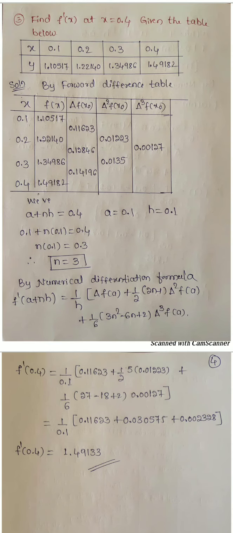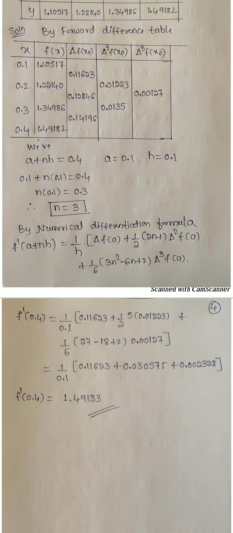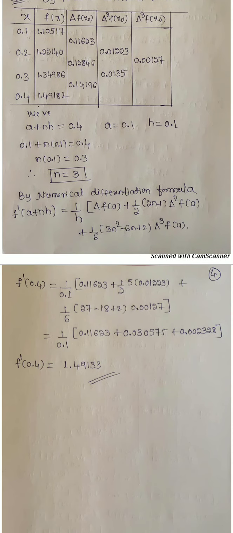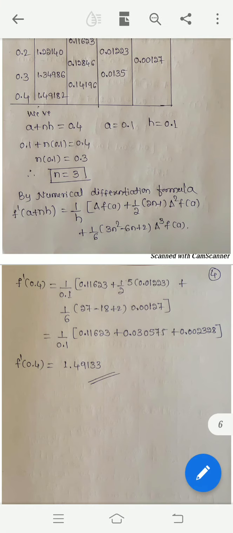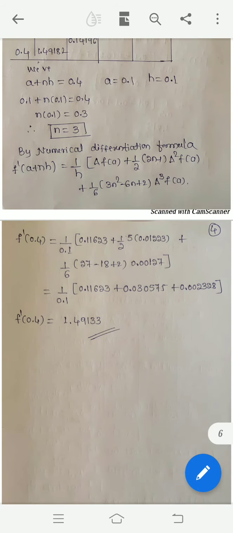Again, by using the numerical differentiation formula, the first order derivative is given by f dash of a plus nh is equal to 1 by h into delta f of a plus 1 by 2 into 2n minus 1 delta square f of a plus 1 by 6 into 3n square minus 6n plus 2 into delta cube f of a.